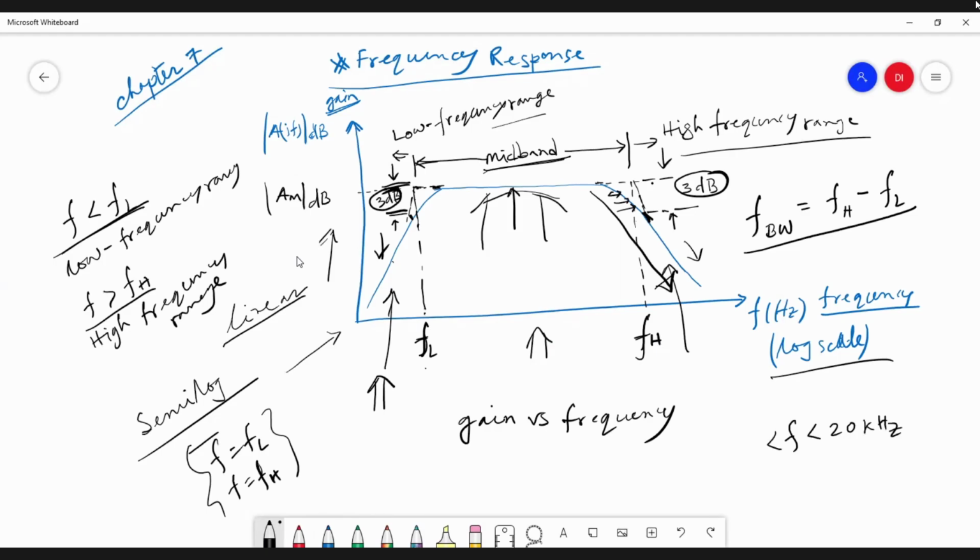If we want to design an audio frequency amplifier, we need to design it so that the low frequency FL should be less than 20 hertz, and FH should be greater than 20 kilohertz.